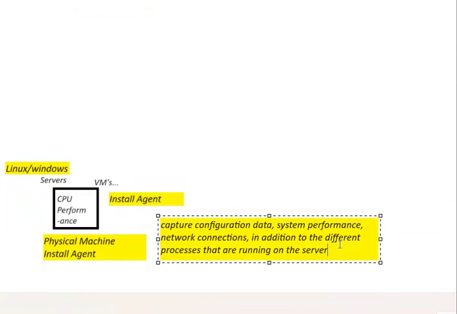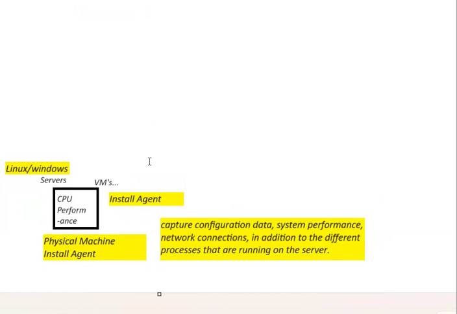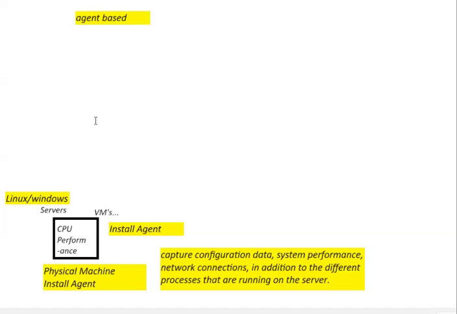If we know all this data, yes. So in this way, based on the dependencies, we can map, right? So for that, it will collect these details whenever you install the agent. Then this agent has to register in Application Discovery Service.